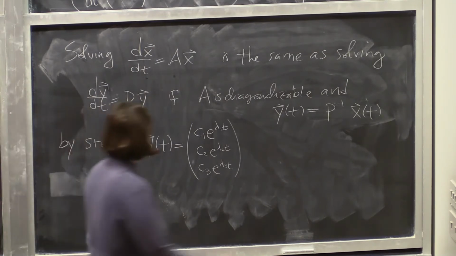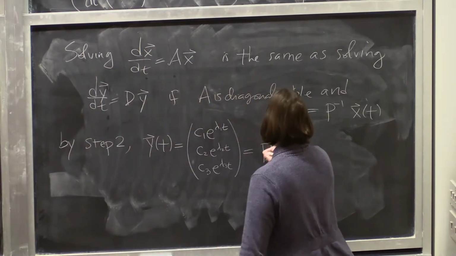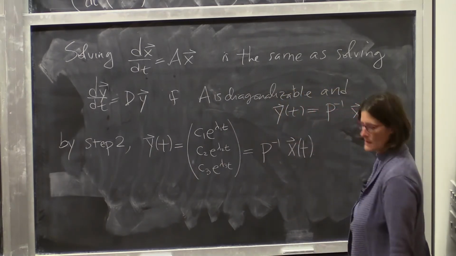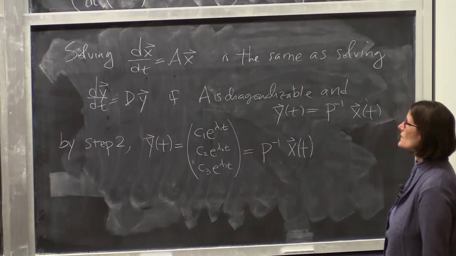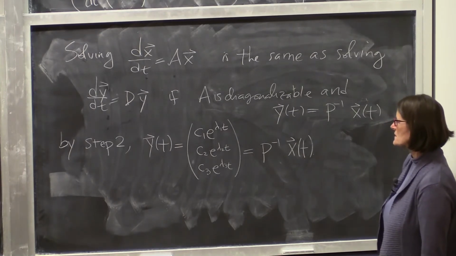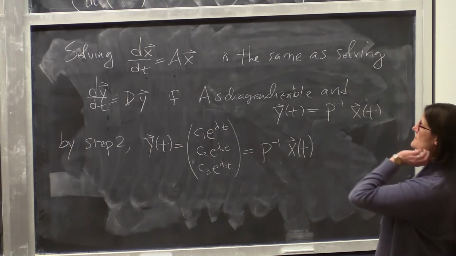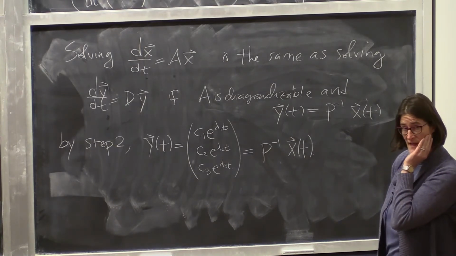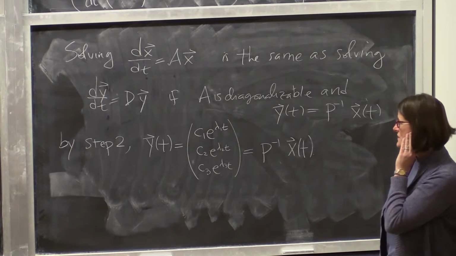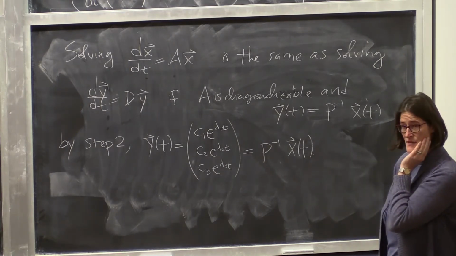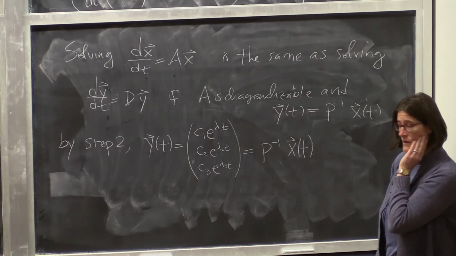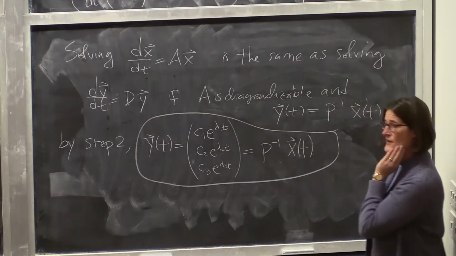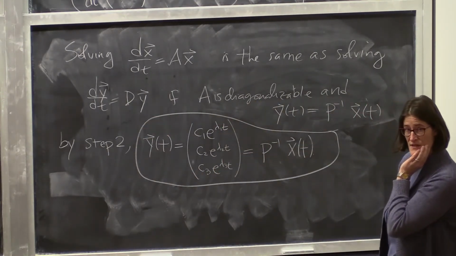And this is equal to p inverse times x of t. So did I start out asking what is y of t, or did I start out asking what is x of t? I was trying to find x of t, right? Is there some way I can get x of t from this? I know this. I've been so smart, I have figured that out. How can I get my hands on x of t?